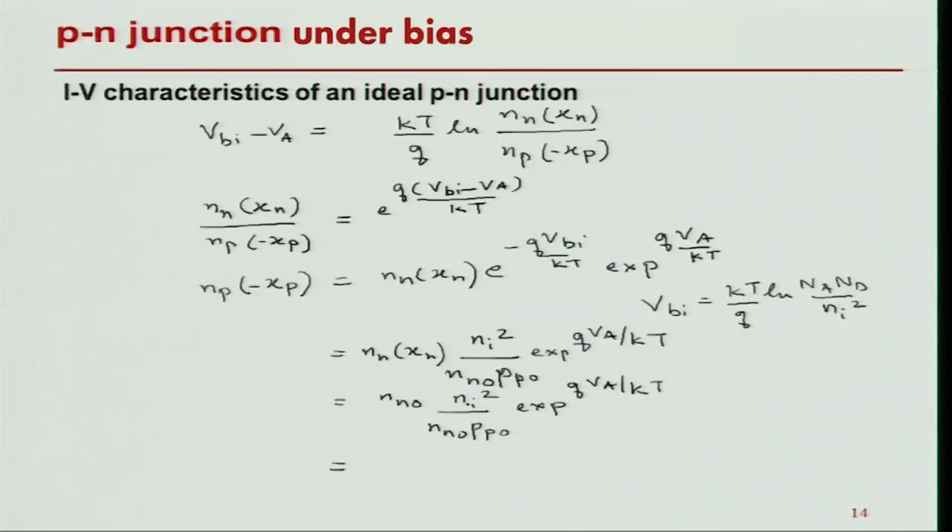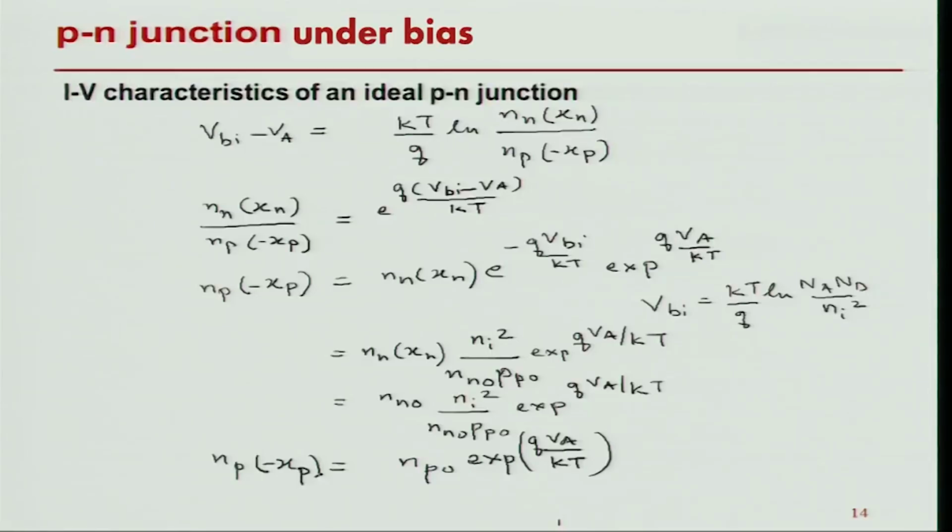And this will then become n i square divided by p p o, which is nothing but the minority concentration, the equilibrium concentration of electrons in the p type, along with this exponential factor. This is my minority concentration at the edge of the depletion region.